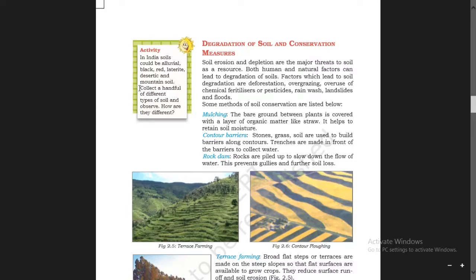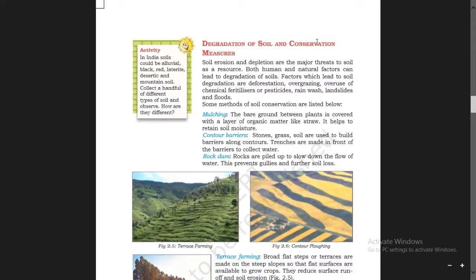You will learn about this even in class 10 also. Collect a handful of different types of soil and observe how they are different. So you can do it by collecting different types of soils and find out the difference between the soils.